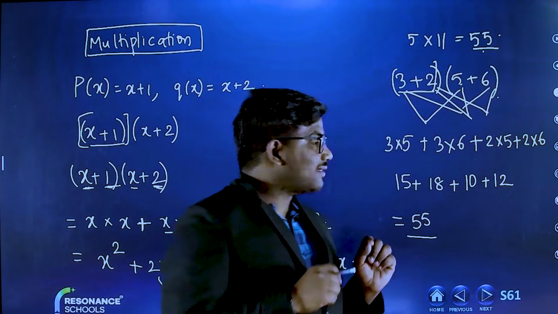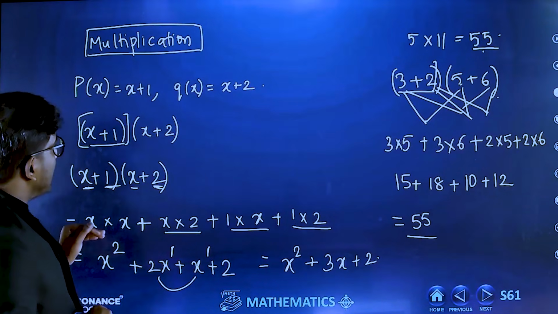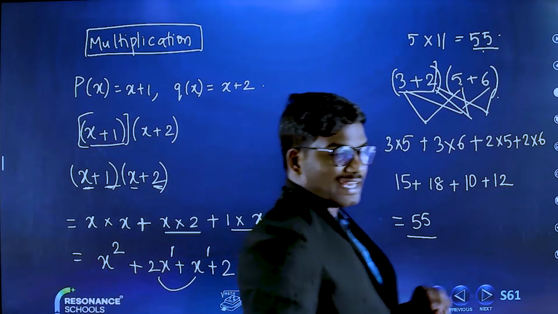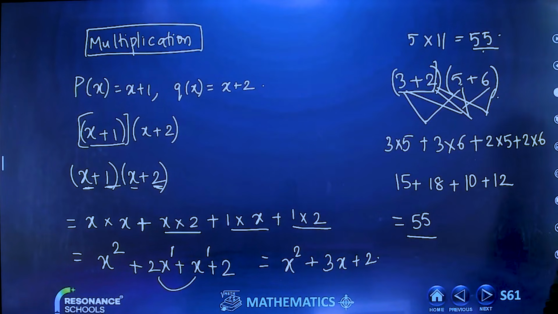Now I hope you would have understood by now how we multiply the polynomials. Alright, take a minute to process, take a minute to note this down. We'll start discussing this again. If it's getting late for you, you can actually snap a screenshot of the screen.